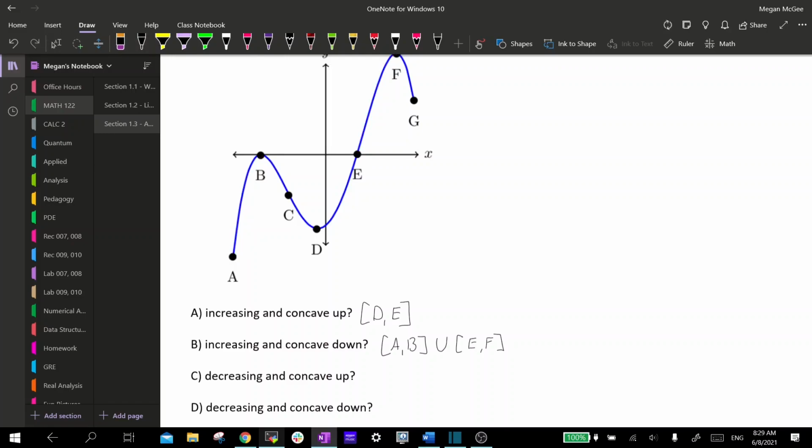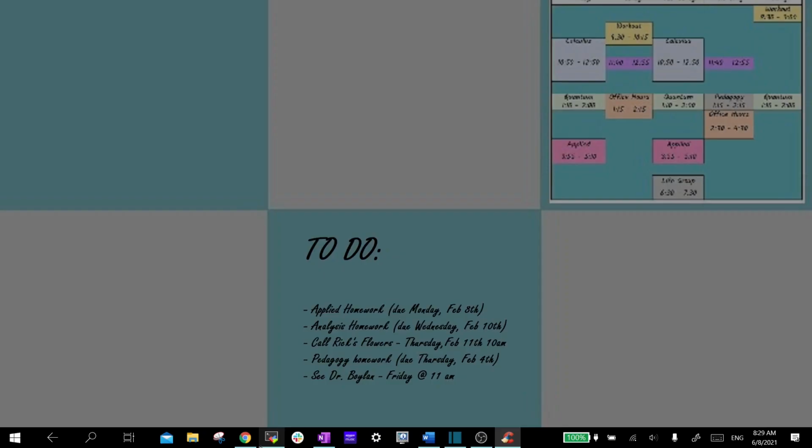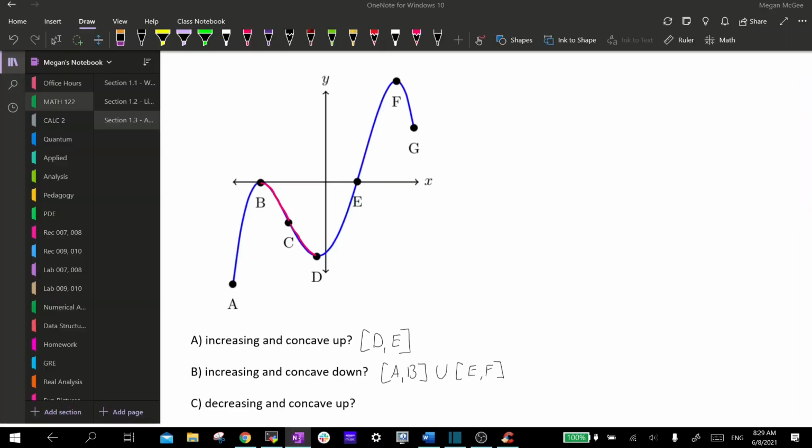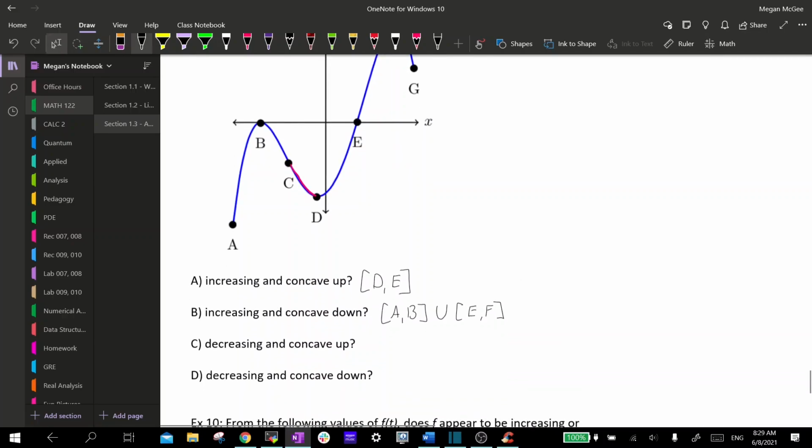So now decreasing and concave up. So everywhere we are decreasing, decreasing, and decreasing. Alright, well, F to G is certainly not concave up. B to C is not concave up, but C to D is.